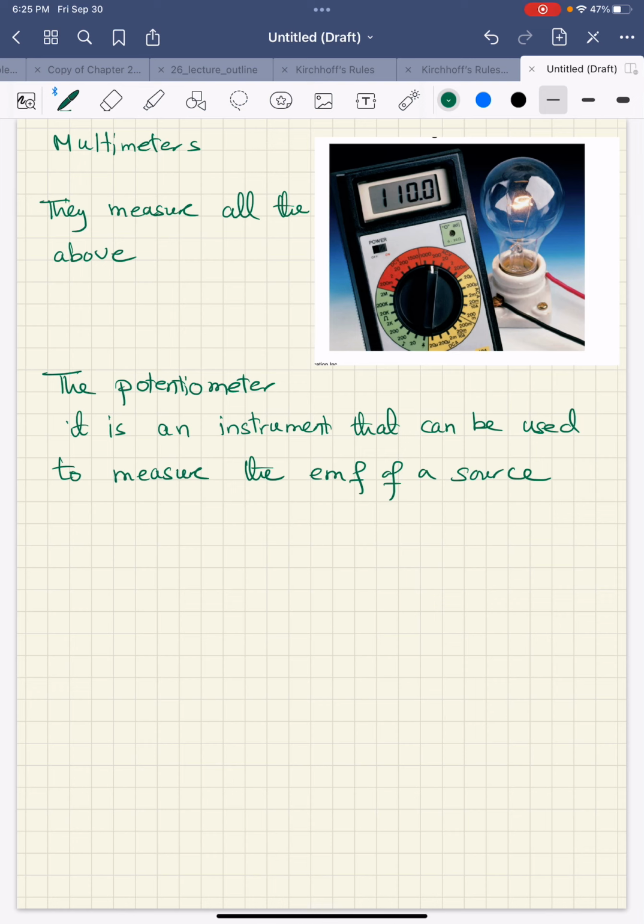And actually, the potentiometer is just like this. Okay, this is the potentiometer.